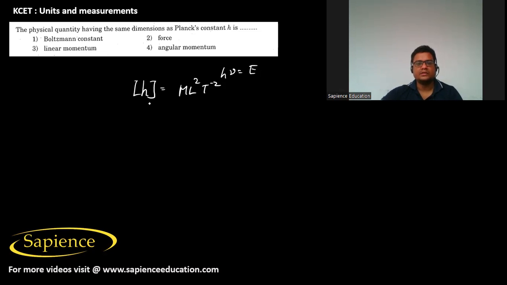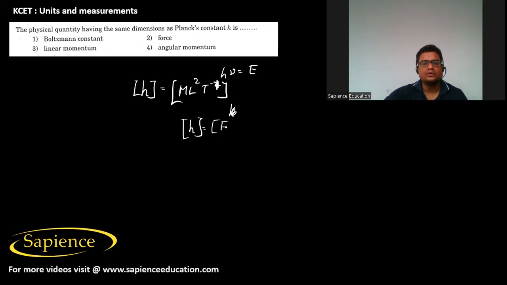Nu means 1 by T. So this will be ML square T power minus 1. So Planck's constant has the dimensional formula of energy into time.